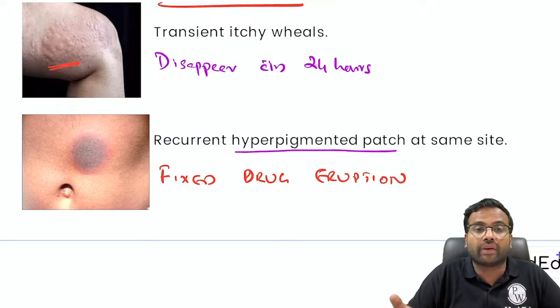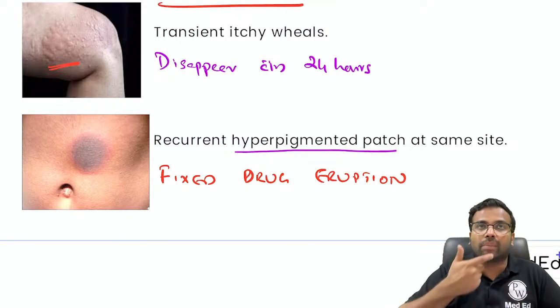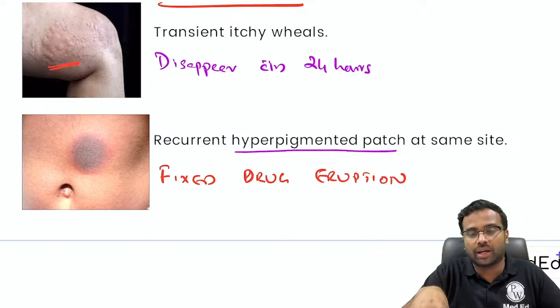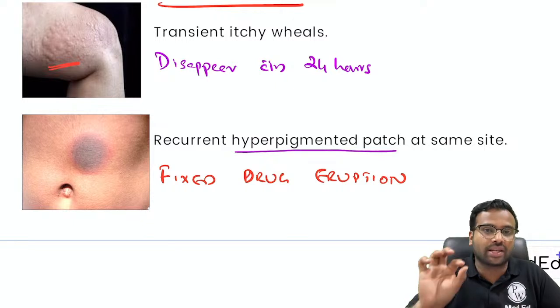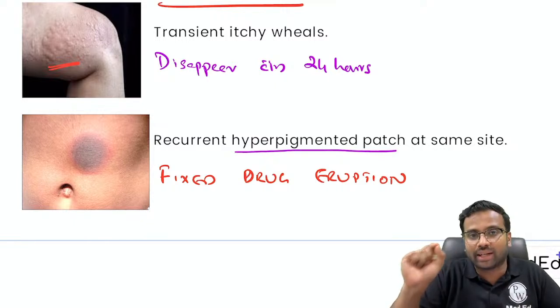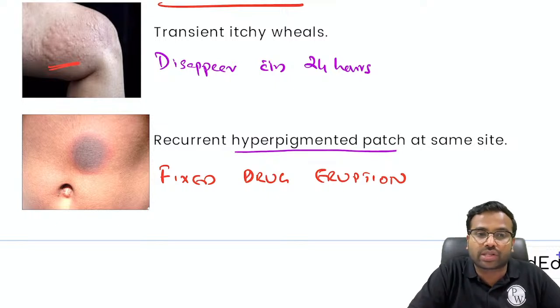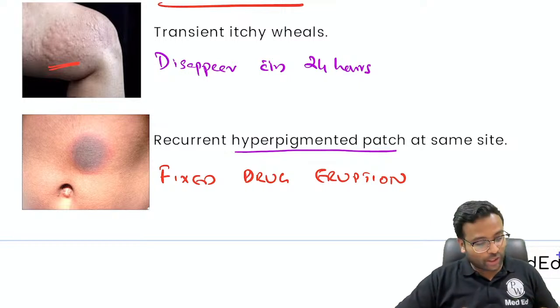The patient is developing a hyperpigmented macule or a patch, sometimes over the lips, even over the genitalia or anywhere in the body. So if you see this kind of a history that this lesion reappears at the same site every time the patient takes a drug, the answer is going to be fixed drug eruption. So glad that all of you are answering the right answers. So now let's go to the next one.